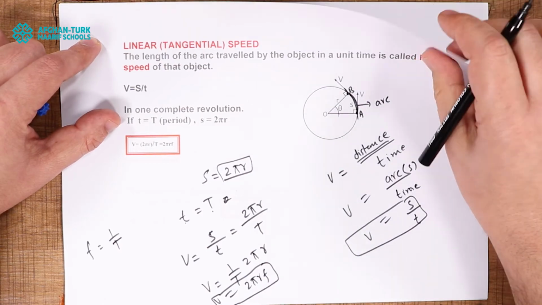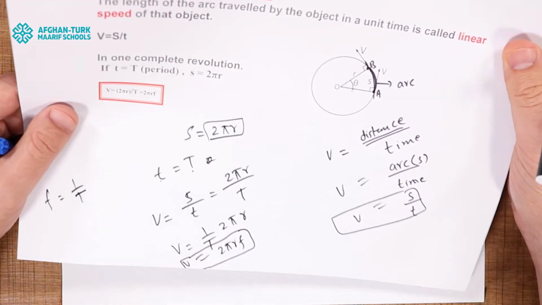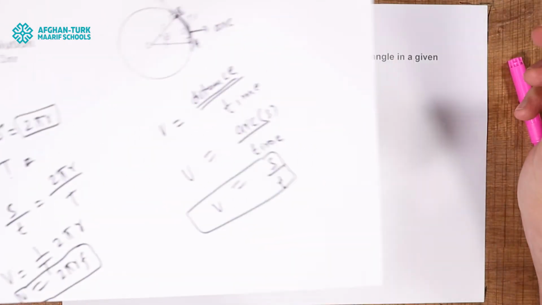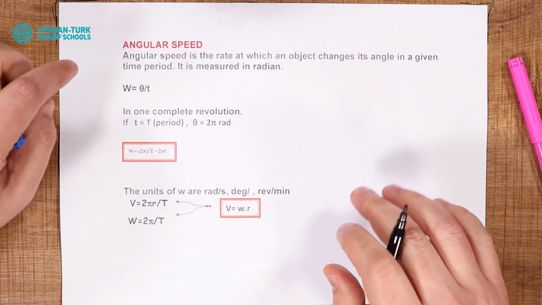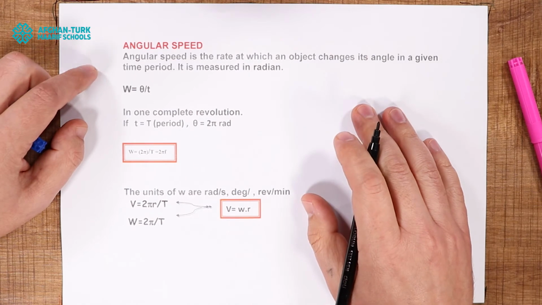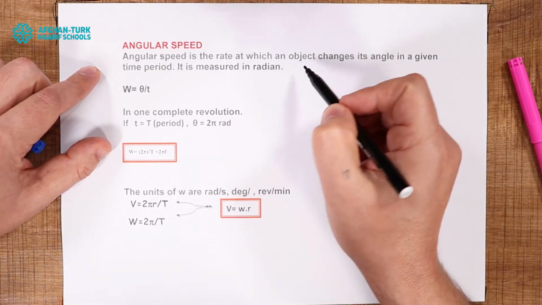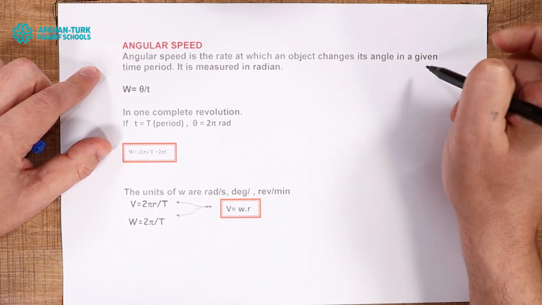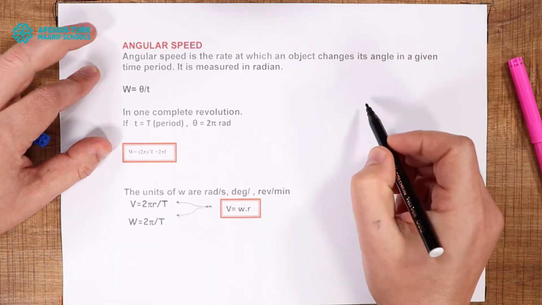Okay, on the next page we are going to learn about angular speed. Now what is angular speed? Angular speed is the rate at which an object changes its angle in a given time period.